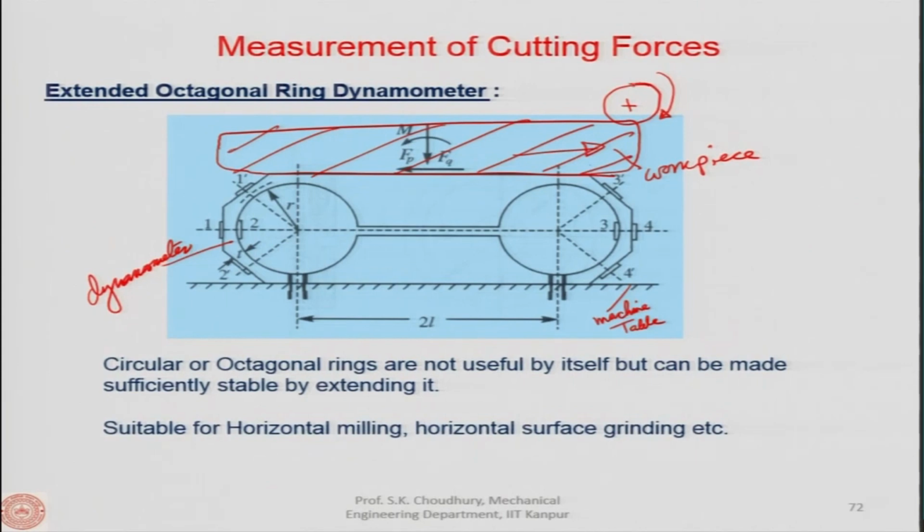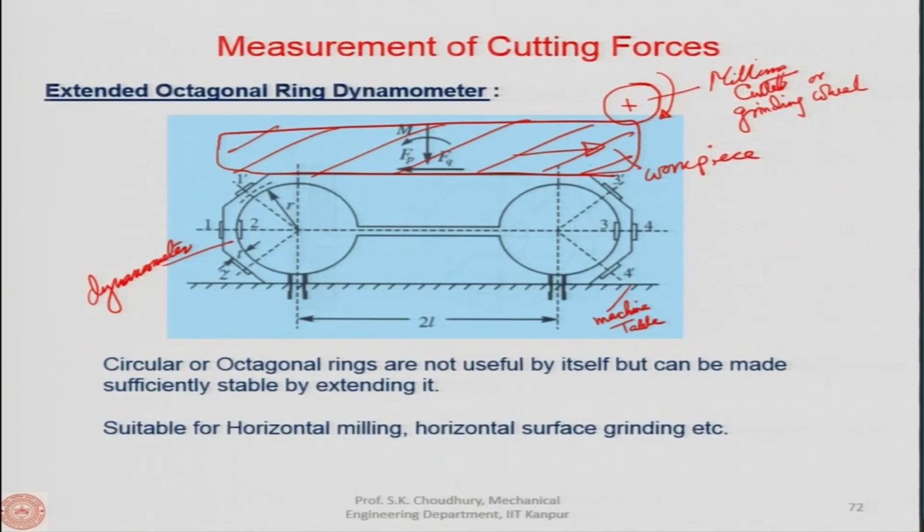So, when the milling cutter, this is the milling cutter, or by the way this can also be grinding. This can also be used for measuring the grinding forces. So, this is the milling cutter or grinding wheel. Grinding wheel can also be used, because the principle remains the same.